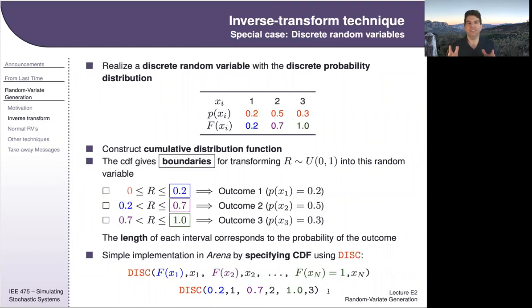It's telling you that you didn't give a valid cumulative distribution function. So just remember, disc is effectively encoding the inverse CDF, which means it's going to be CDF, outcome, CDF, outcome, all the way down.